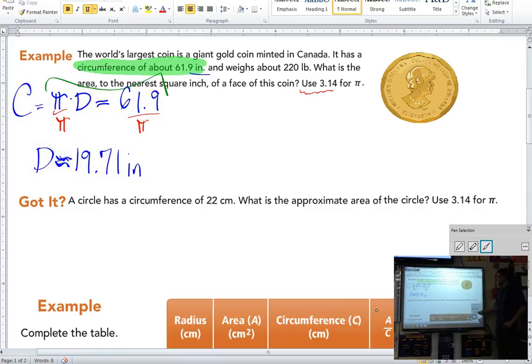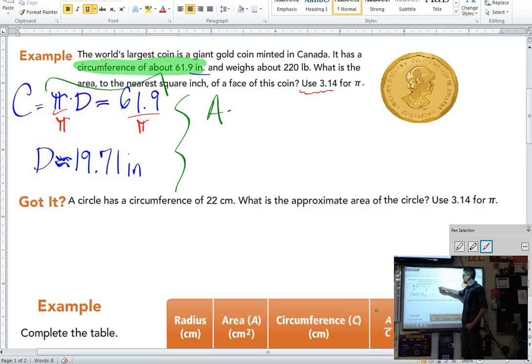But now we need area. Ah, we have diameter. Radius will be half of that. So when we half this, we get 9.856.